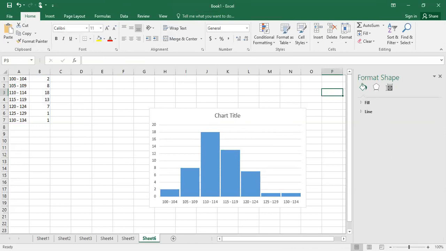The next type of graph is called the frequency polygon. With the frequency polygon, we use the class midpoint rather than the class limit. We could also use the class boundaries to make our histogram. To use the class boundary, we can change each of these numbers into class boundaries. 99.5 to 104.5.